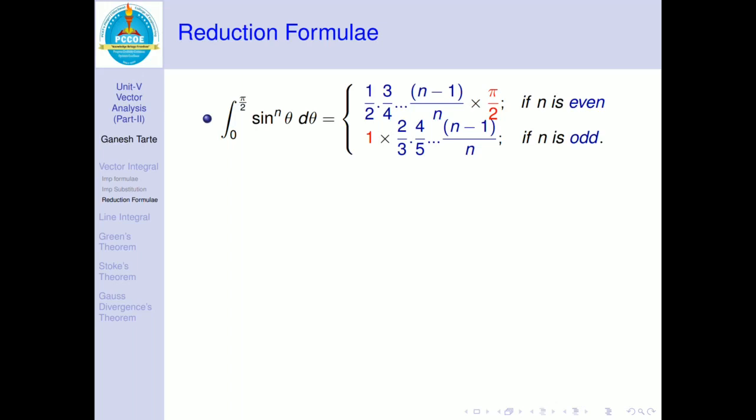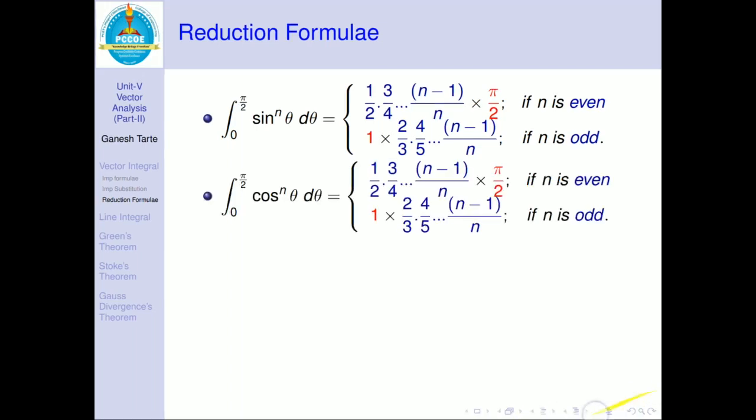Pairing means start from 1 up to n, pair every number, 1 by 2, 3 by 4, and so on, n minus 1 by n, into pi by 2. So in simple words, if n is even, it is pairing into pi by 2, and if n is an odd number, then it is 1 into pairing, because it is not possible to pair odd numbers, so we take 1 outside and then pair the numbers. So it is 1 into pairing for odd. The same formula works for cos raised to n, no change.